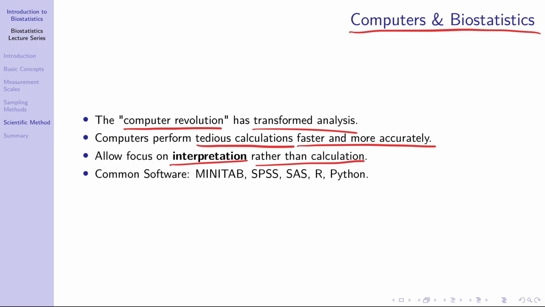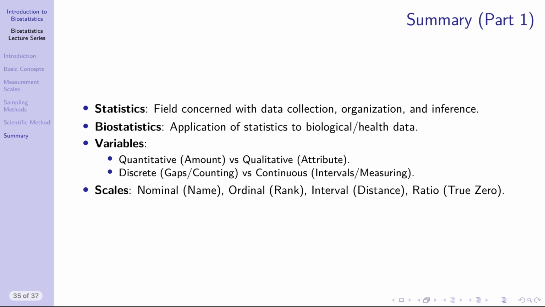What are some of the common software used in biostatistics? We have Minitab, SPSS, SAS, R, and Python. The more common ones that you would have seen are SPSS and R. Python is a programming language, but it can still be used for a good amount of analysis because of the varied Python packages that are available for biostatistics.